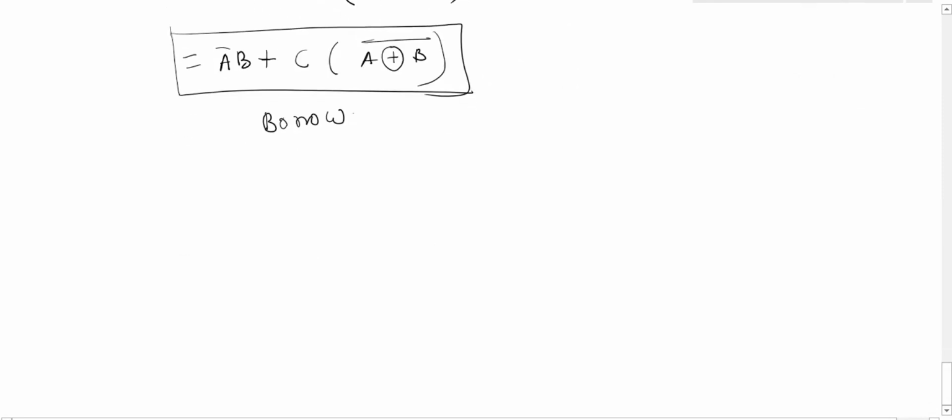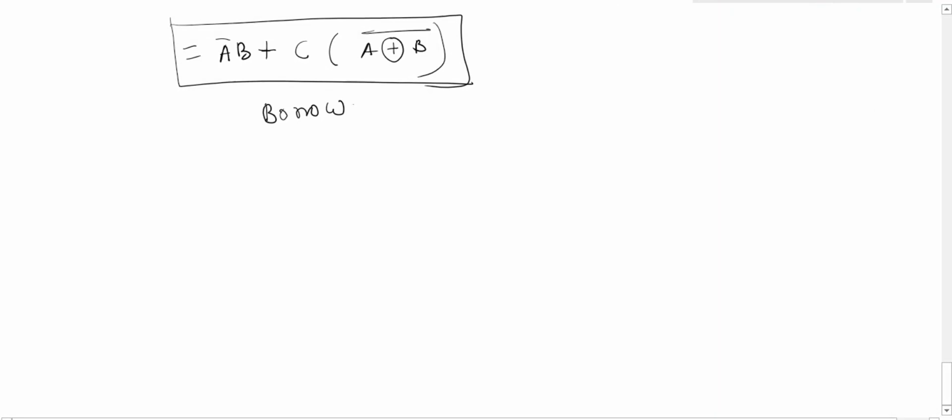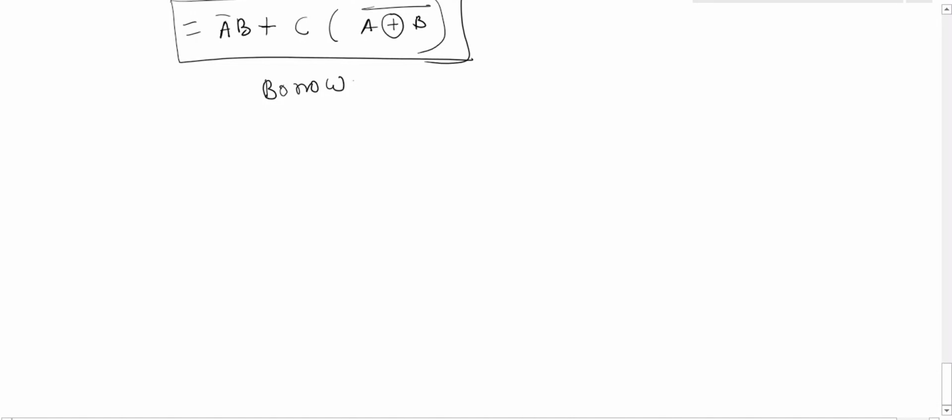Now we'll try to implement the logic design with the simplified expression of the difference and the borrow, which we will implement by using the two half subtractors. Now the first half subtractor I am going to draw like this.